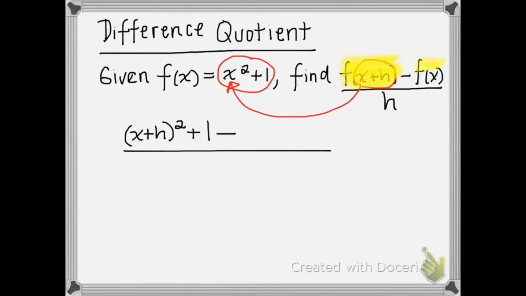You see this f of x here on the right side there? Well, there's f of x there. And so I can substitute x squared plus 1 for that. X squared plus 1. And I want to be sure and put parentheses so that I subtract the whole expression and not just the x squared. And then we're over h.